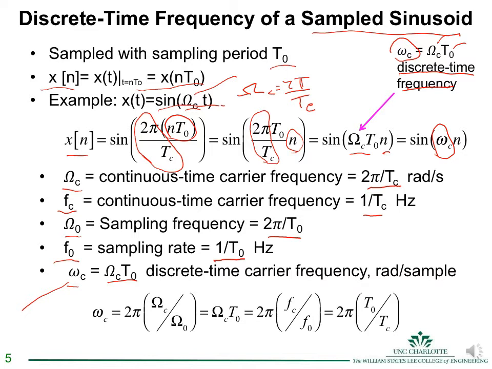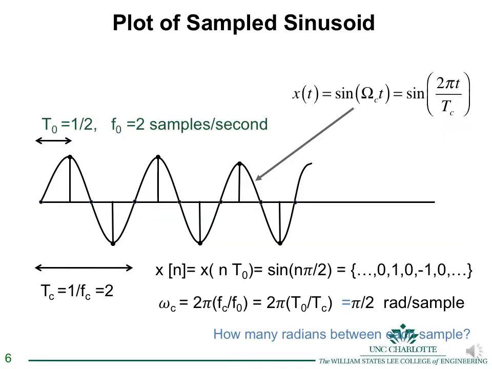And we can write this a number of different ways, either as a ratio of the continuous time frequency to the sampling frequency, or as just omega c t0 as we saw above, or as a ratio of the carrier frequency in hertz divided by the sampling frequency in hertz, or as the ratio of the sampling period t0 divided by the period of the sinusoid. And so we can just substitute variables, and see a number of ways to define the discrete time frequency.